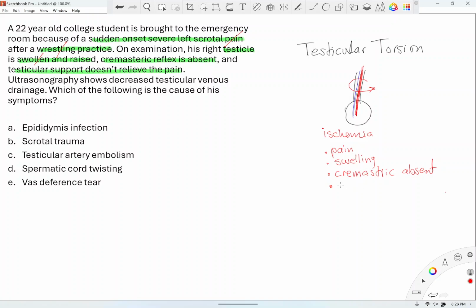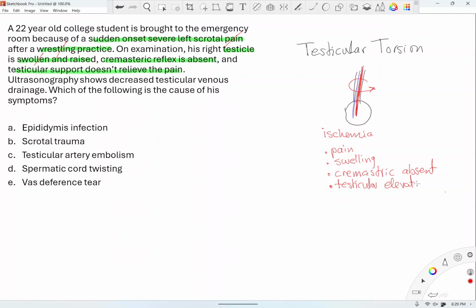Now, testicular elevation. Of course, you're going to put on gloves and you will, with your own hand with gloves on, elevate the testes that are affected, in this case the right testes. It should relieve the pain if it's orchitis or testicular inflammation or epididymitis. If it's torsion, it doesn't. The pain is not dependent on position, just like when we talk about angina.